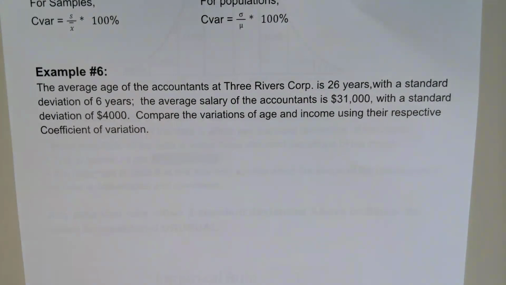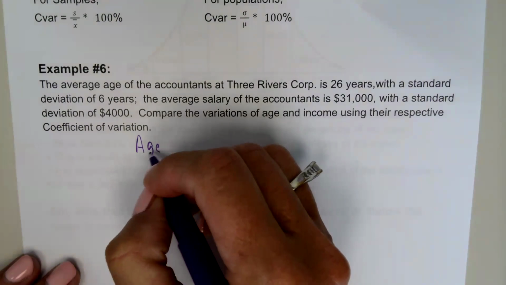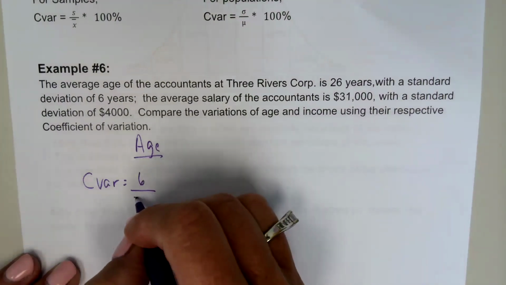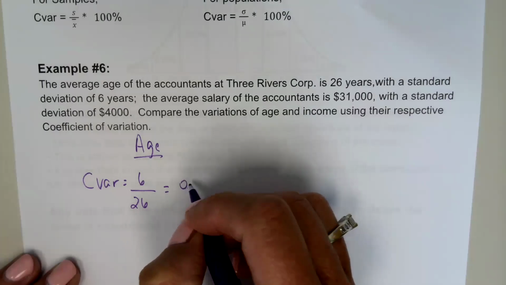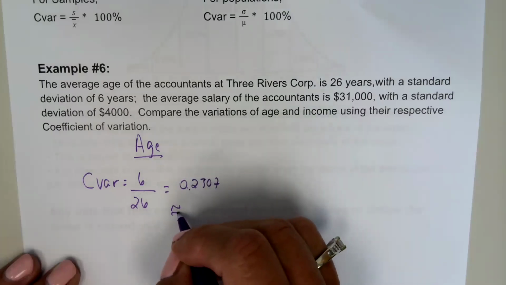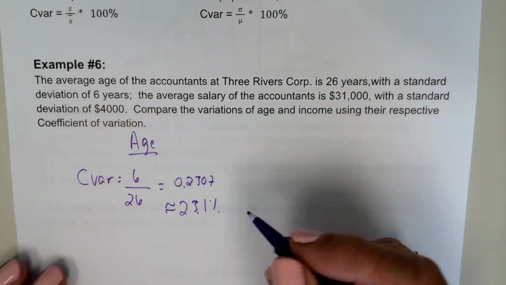And you can see the age. CVar is 6 divided by 26 is 0.2307. So approximately 23.1%.